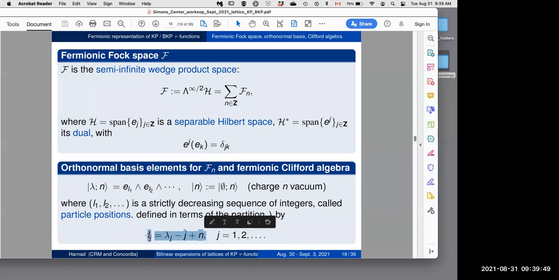These are the coefficients in the Maya diagram corresponding to a given partition and a given fermionic number n. In any case, there's a shift. Lambda is weakly decreasing, saturating at 0, whereas L is strictly decreasing, saturating at all subsequent negative integers. That's how we define the basis elements labeled by a partition in the nth vacuum sector.